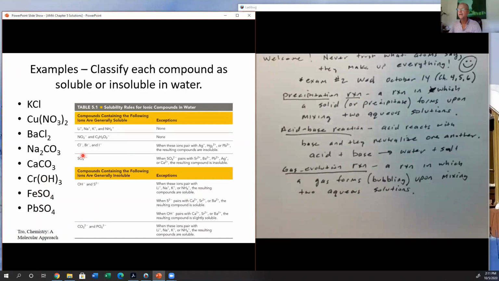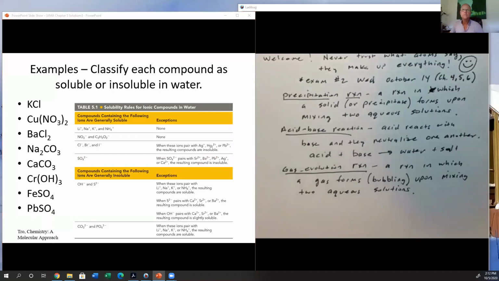Because here's sulfates, those are generally soluble, and iron is not an exception, right? Lead sulfate. Insoluble, correct. Because here's sulfates, and they're generally soluble, but look, lead is one of the exceptions, right? Does that make sense? I see a couple of questions.